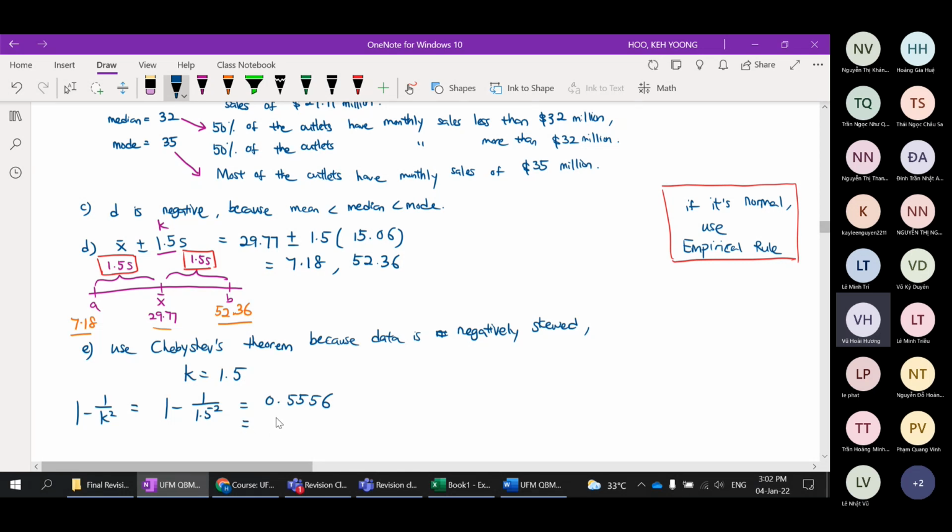So at least 55.56% of the monthly sales are within the interval.